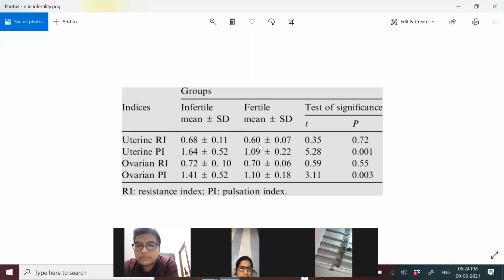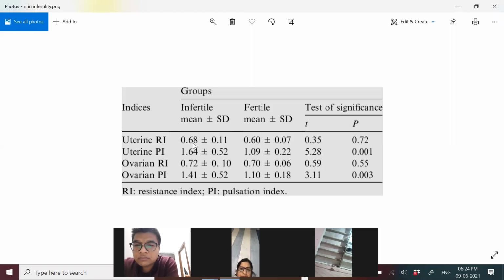So forget about the deviation. It is 0.6. So what will you expect in an infertile patient? A high resistive index. So here it is 0.68. So the point is, if you are able to get a uterine artery, and if you know how to do this simple math, what is this resistive index? Resistive index is nothing but this S by D ratio calculated in the formula.